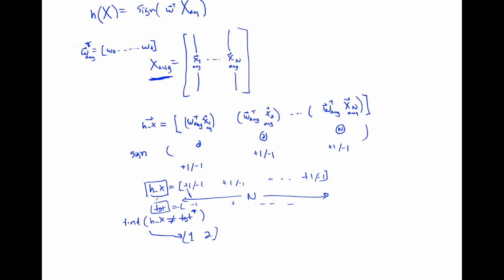Okay, so now that we have this, we know that the misclassified indices are going to have some values. Maybe it's index 1, index 5, index 9, index 11, and so forth.